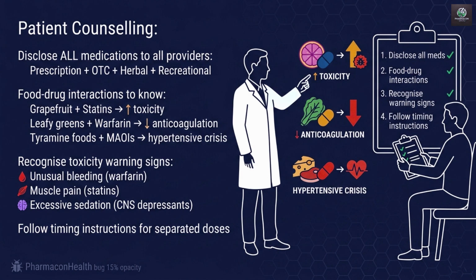They must be taught to recognize early warning signs of common interaction toxicities: unusual bleeding for warfarin, muscle pain for statins, excessive sedation for CNS depressants. And they must be given clear guidance on administration timing when separation of doses is required.